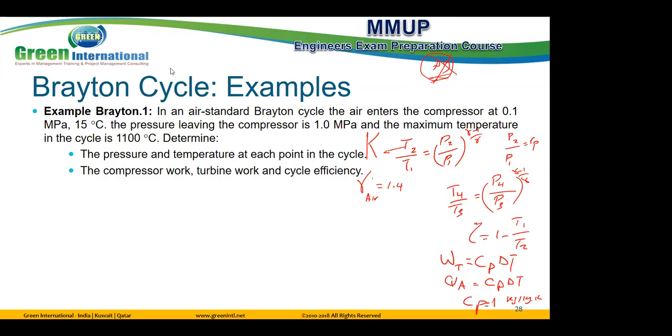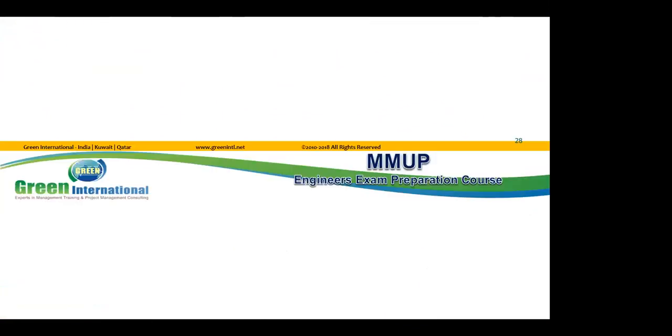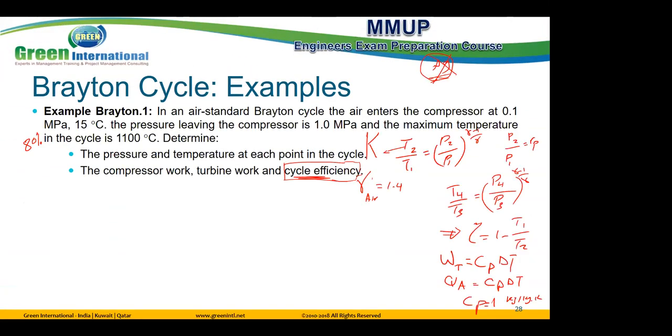Oh, you got the efficiency directly this way? Yes. Okay, good job. This is the last one, the cycle efficiency. No, we don't have the answer here. We're going to answer it together.